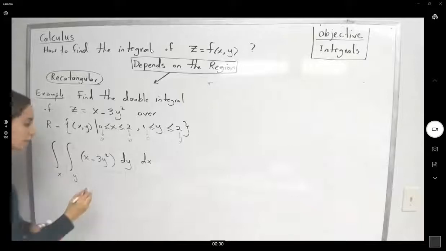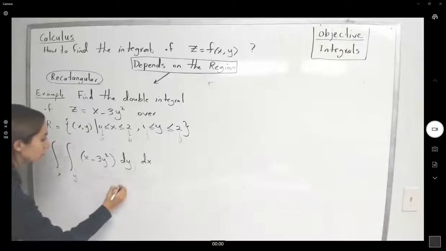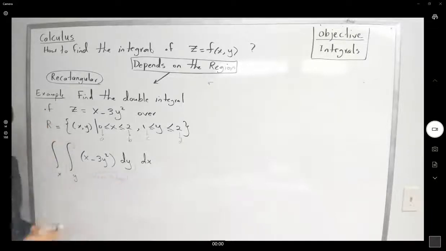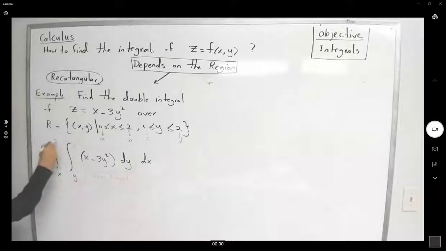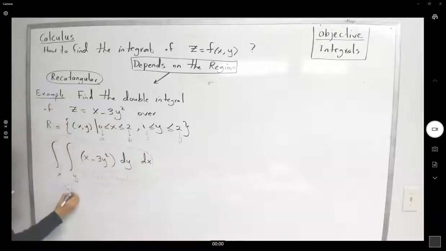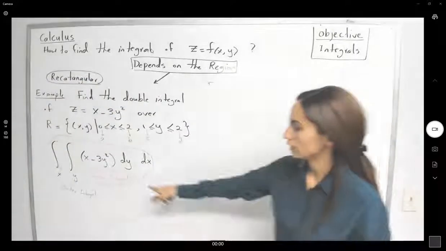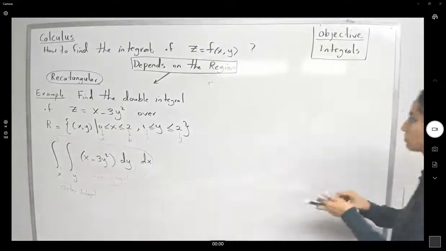After I'm done with the inner integral, I move on to calculate the outer integral, this time with respect to x, 0 to 2. So let us find the inner integral first.